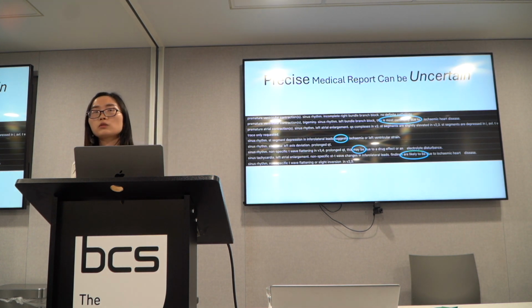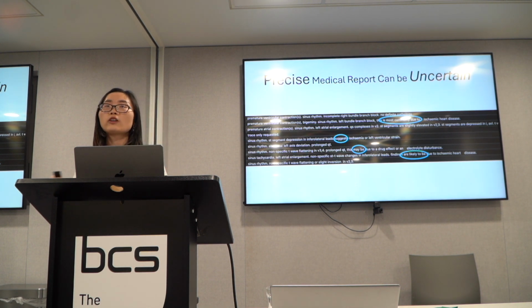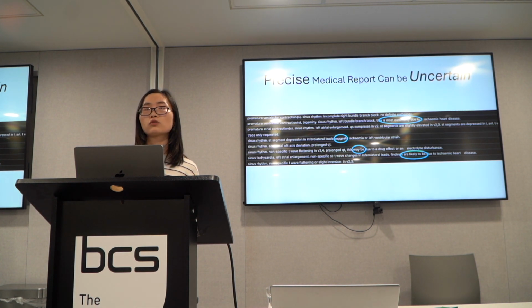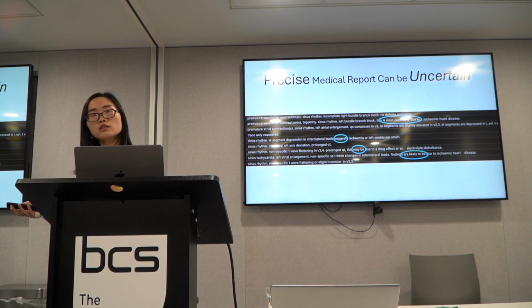This is because when clinicians are drafting this report, they try to be more conservative because they only get the measurements from ECG. So they may need to do some further imaging, like MRI measurements, to confirm whether this patient really has a certain disease. So how can we let the language models deal with this uncertain information?